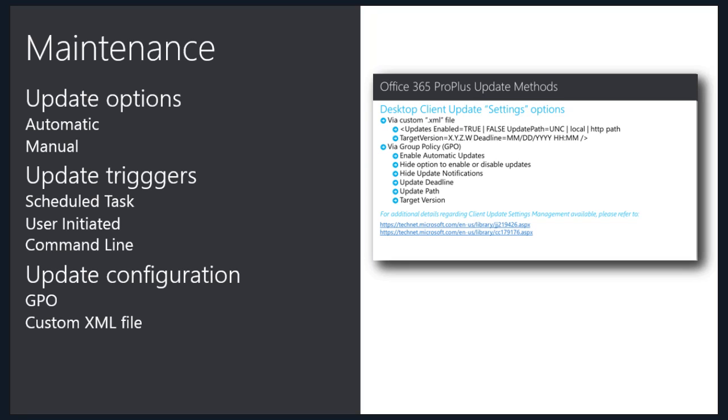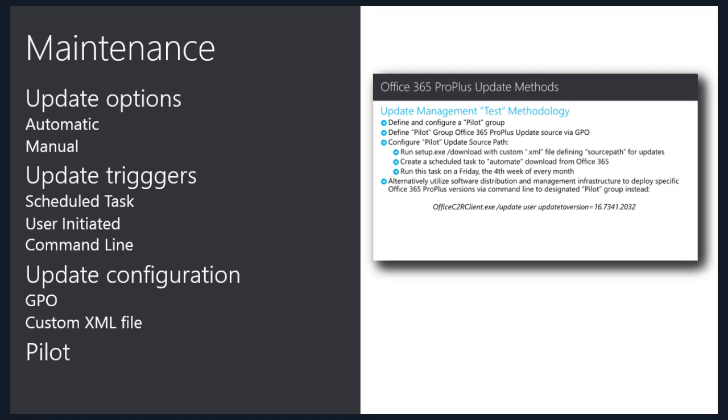Update settings can be controlled either with custom XML files or through group policies. Details for the update settings can be found in the workshop PowerPoint deck and also in the design guide that you can download from the website.